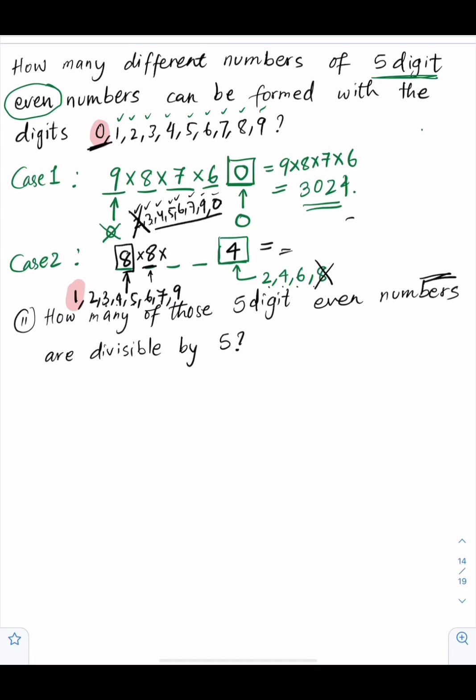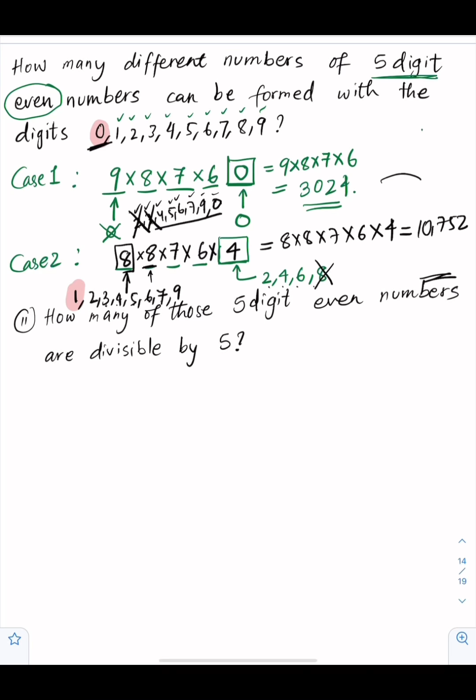Now one of the numbers gets in, so the available options are 7 numbers. Then another digit gets in, and available digits are 6. So your answer for this is 8 times 8 times 7 times 6 times 4, which is 10,752.